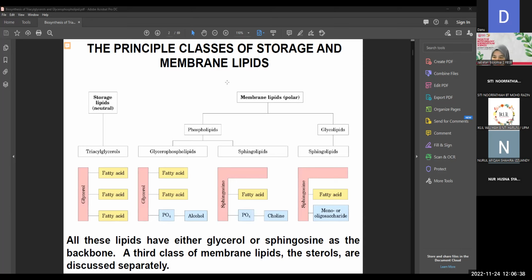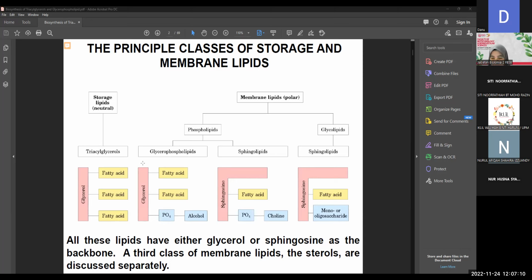So let's look at the difference in terms of structure between triacylglycerols and the membrane lipids. As you know, in the structure of triacylglycerols, we have 3 molecules of fatty acid esterified to glycerol as a backbone. So what is the difference in glycerophospholipids compared to triacylglycerol?